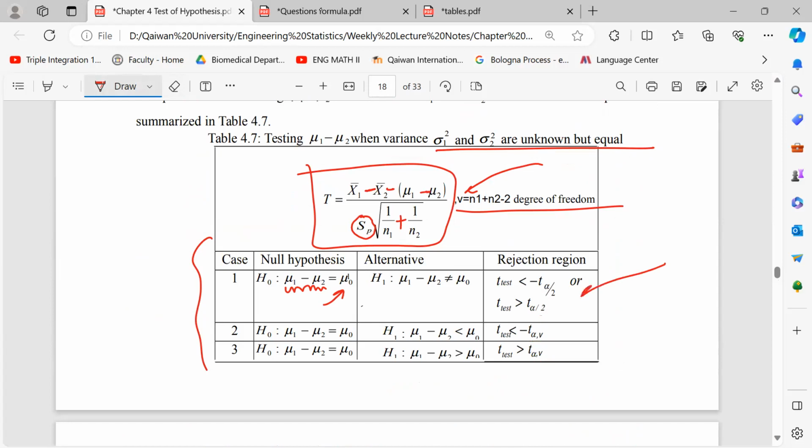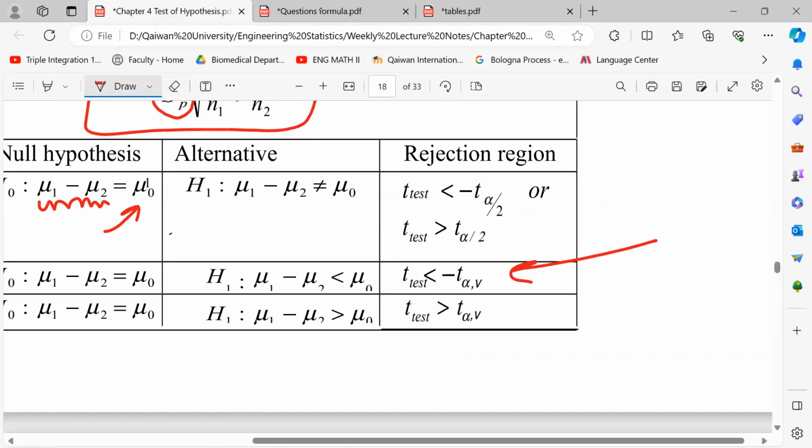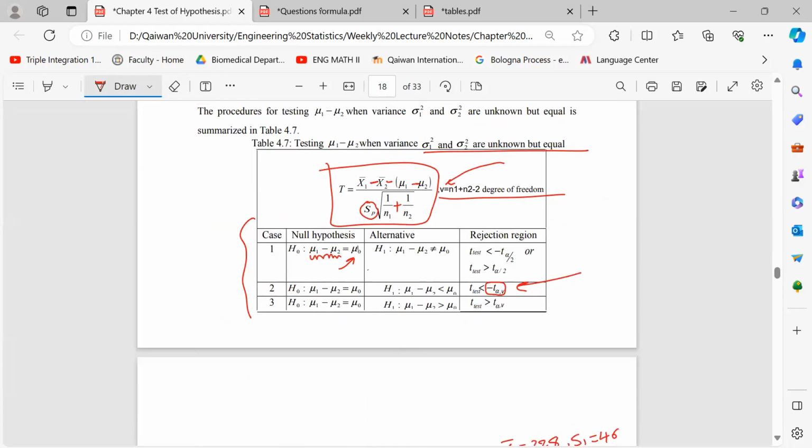It is this case. No, sorry, it's not that case. It's less than. It's in the case that mu1 minus mu2 is less than mu naught. In this case, we need to find T of alpha and V, and we give a negative sign to it. What's alpha? Alpha is given as 0.05.